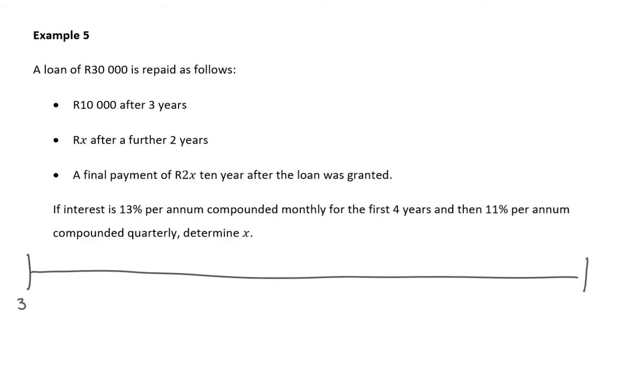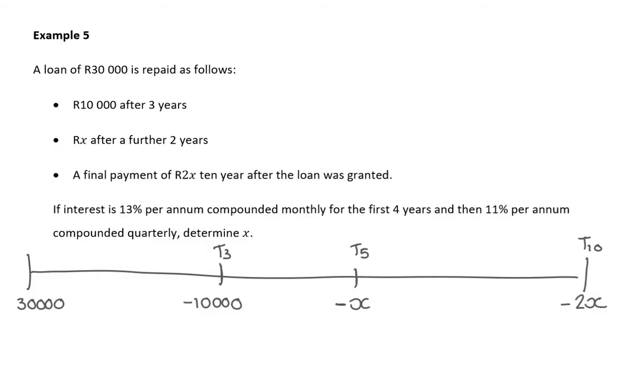You have a loan of 30,000 Rand. It is repaid as follows: after 3 years, you paid 10,000 Rand. X Rand, a further 2 years later, so that's after 5 years. And a final payment of 2X 10 years after the loan was granted.